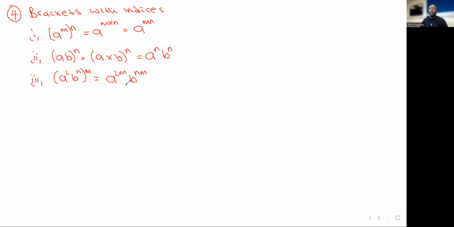Now, the same concept, if we have constants. Let's say for the first one, we have a constant outside the bracket. So we have k times a raised to the power m, all raised to the power n, and that will give you k a raised to the power mn. Basically, you multiply the powers, and after multiplying, the next thing you do is multiply by the constant.